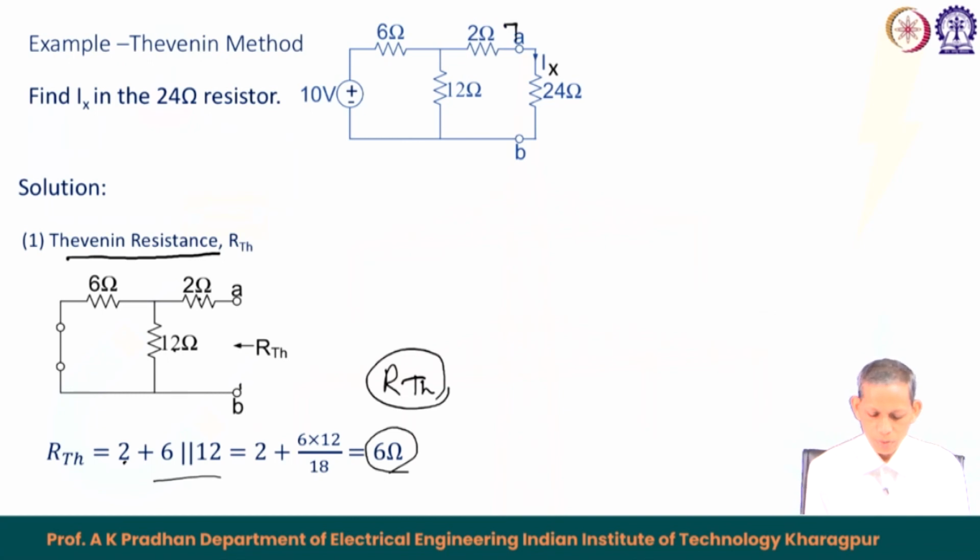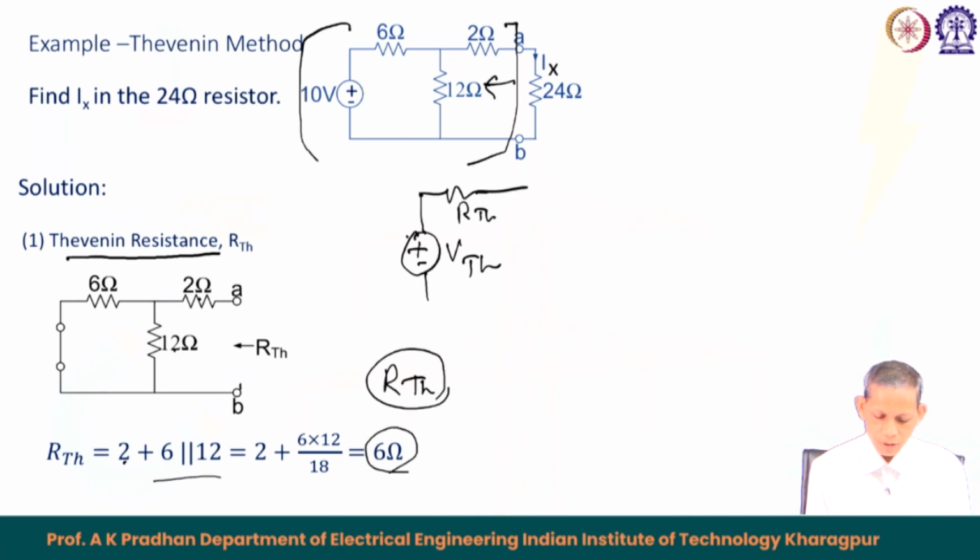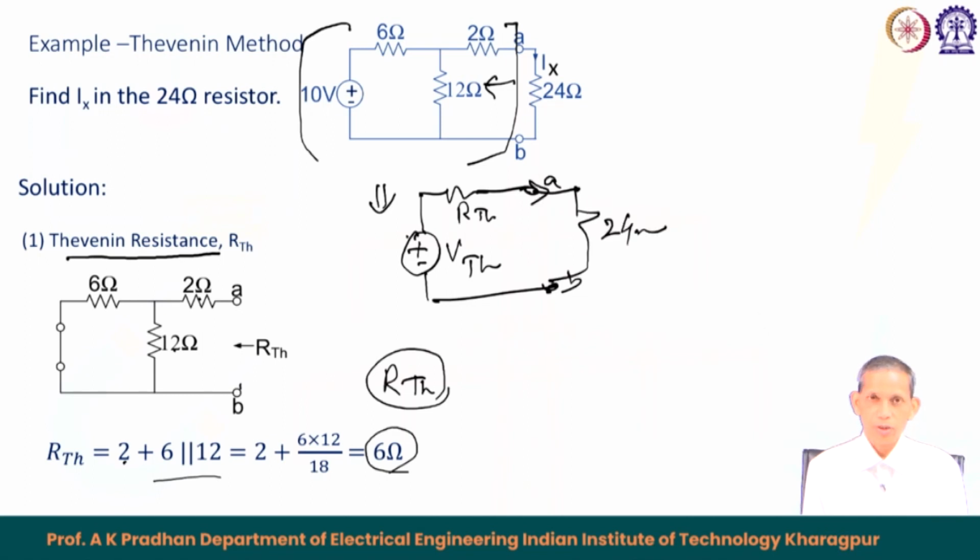What we are doing here is looking at this Thevenin's equivalent from terminals AB, which is the voltage source VTH with a series resistance RTH. So, the equivalent of whatever circuitry is there to the left of the AB terminals comes out to be a voltage source and a series resistance, and then you connect the 24 ohm resistance, and you can find the corresponding current through this one.